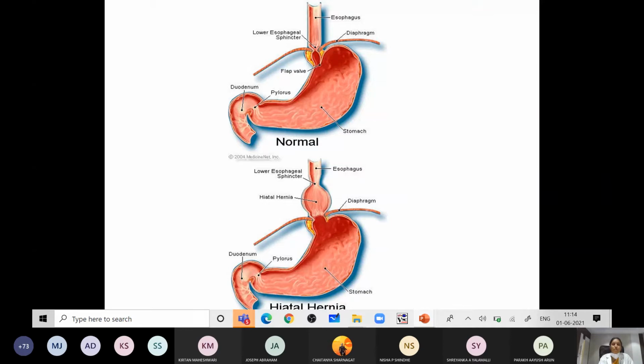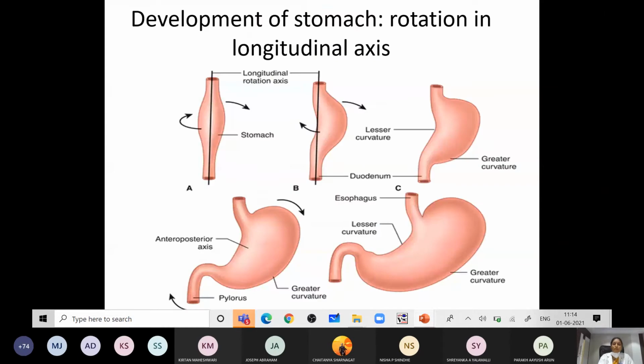Clear? Because of the neuromuscular incoordination, the cranial end, the cardiac end of the stomach, will herniate into the thorax through the diaphragm. Here you can see the esophageal opening of the diaphragm. This is hiatal hernia. Okay, that is about development of the esophagus.